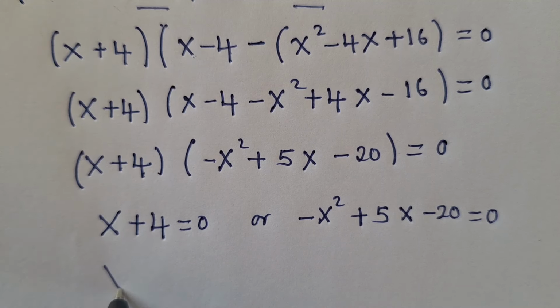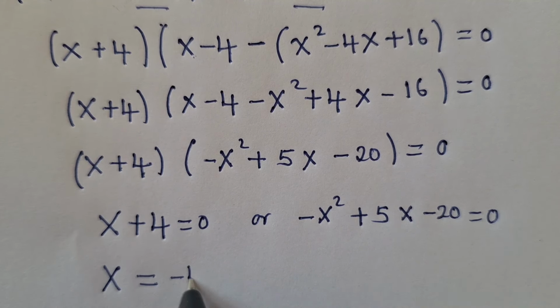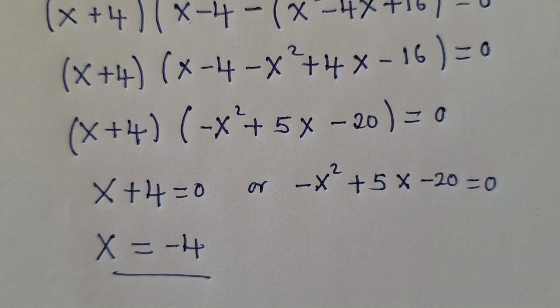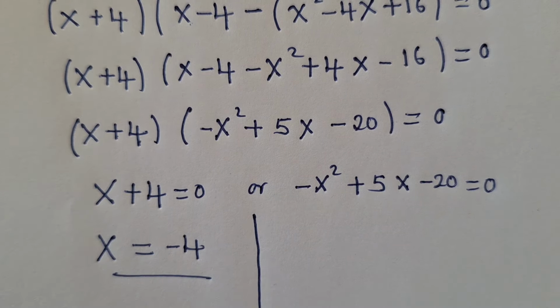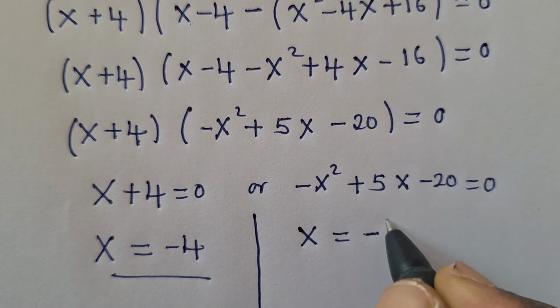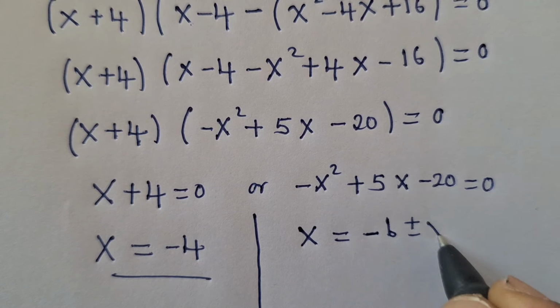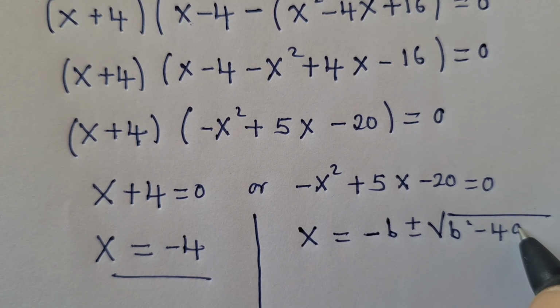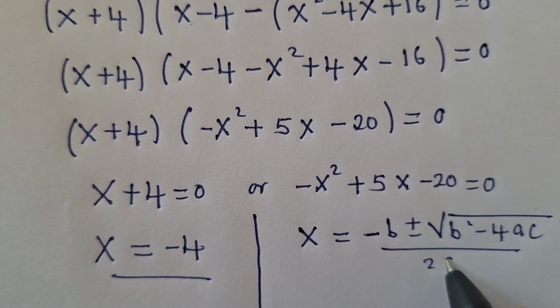So one solution here is x = -4. This is one of the solutions. Okay. The other solutions will come from solving this quadratic equation. So we can say x = (-b ± √(b^2 - 4ac))/2a.